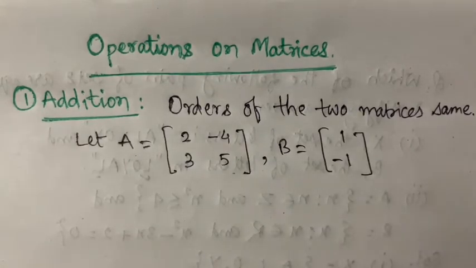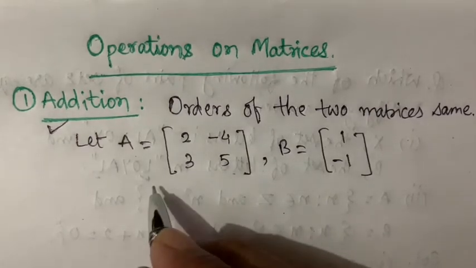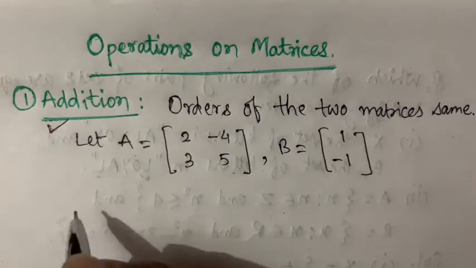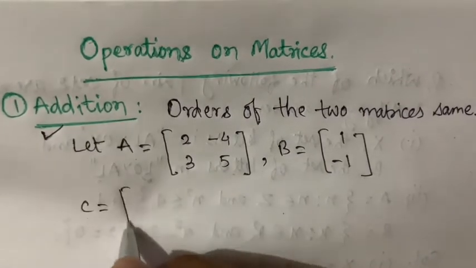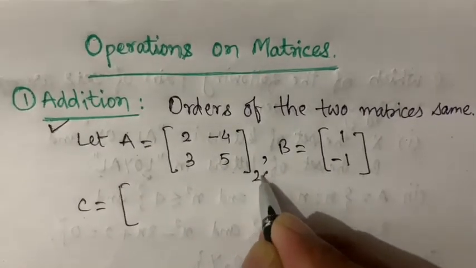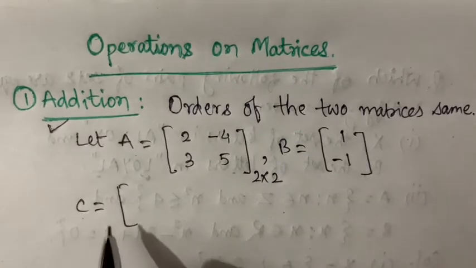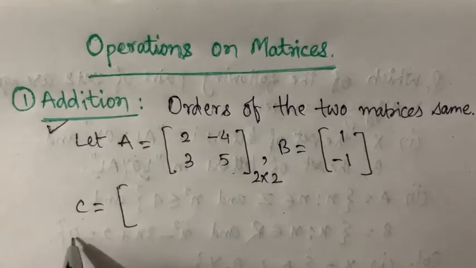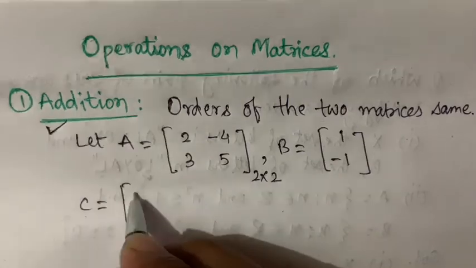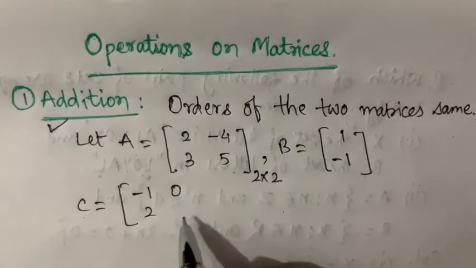We want to be able to add, because according to the addition rule, we will need to add the corresponding elements of two matrices. Now we must have another matrix of order the same as that one. Its order is 2 by 2. So we must have a matrix C: minus 1, 0, 2, 5.